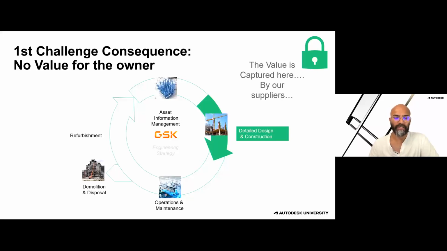However, the owners like GSK, who traditionally have been focused on operations as their core competence and who relied on their engineering partners to deliver detailed design, felt unconcerned when the first impression was that BIM only delivers value for design. And this is exactly what you have explained. So you're not alone.